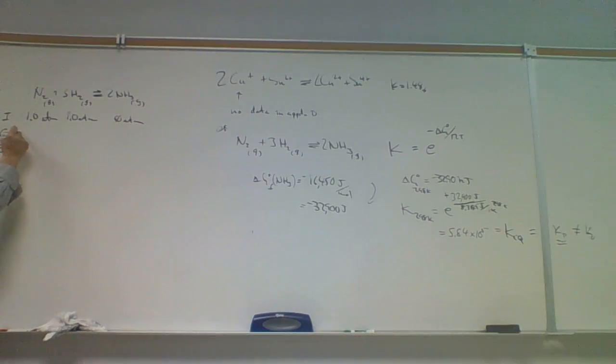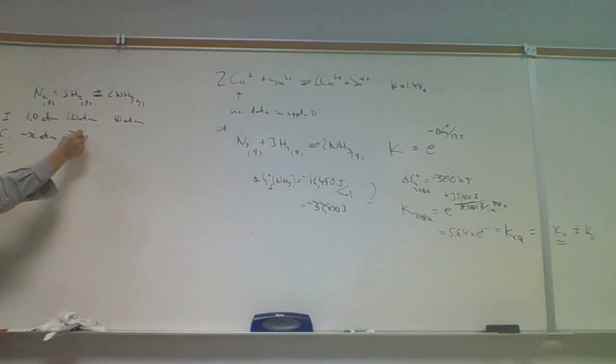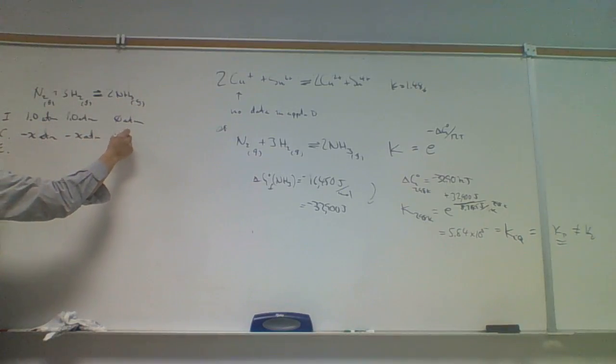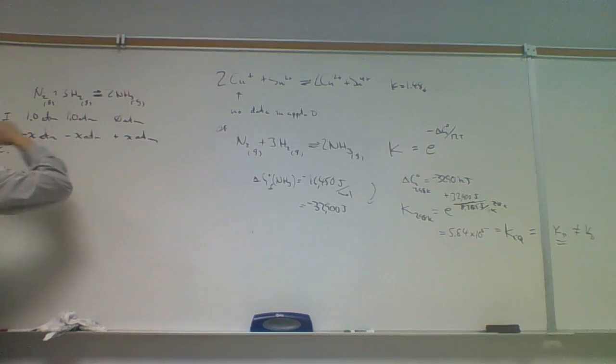So what I'm going to do here is go minus X atmospheres for the nitrogen, and then the hydrogen should be minus X atmospheres, and then the ammonia should be plus X atmospheres. And then continue on from there. How does that look so far? Does that look good?